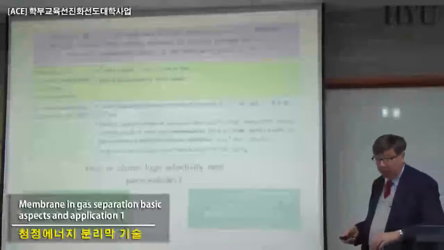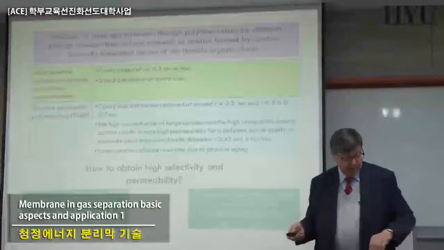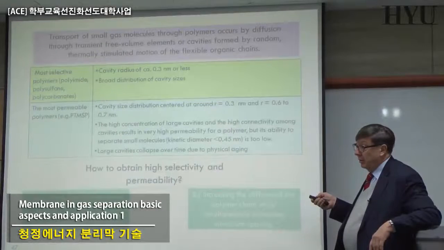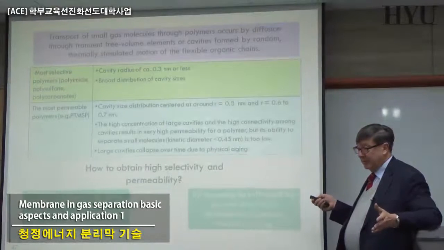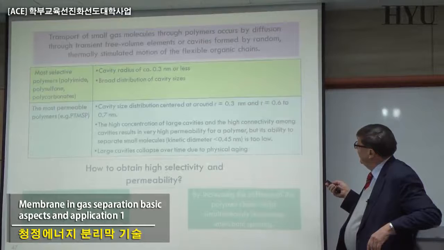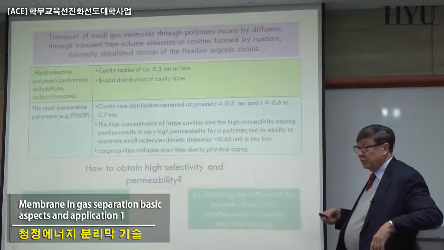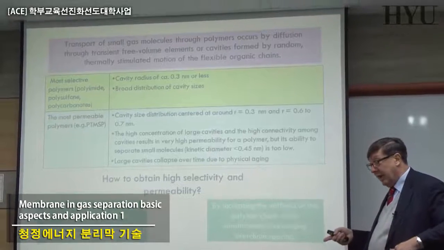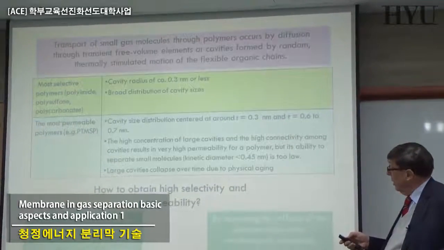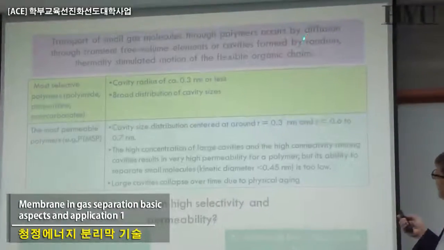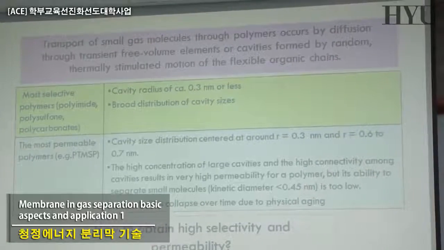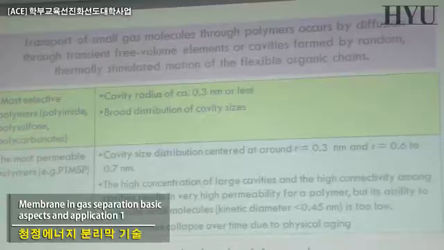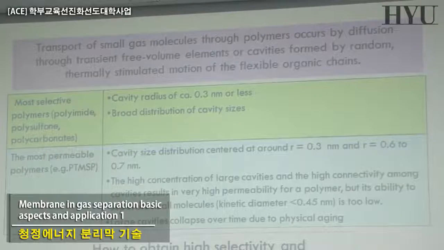How can we solve this problem? Something that is very familiar to you, because we discussed it already, is that the transport of the small molecules, oxygen, nitrogen, hydrogen, CO2, etc., in our material, takes place by diffusion in the free volume elements or cavities which exist in our system.